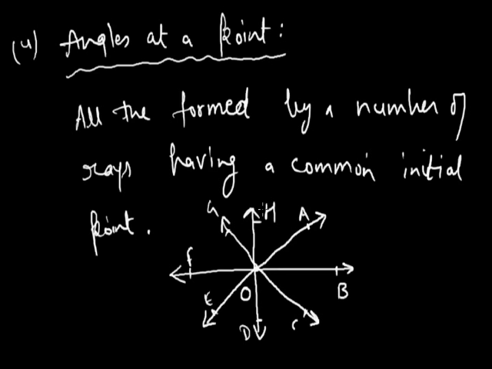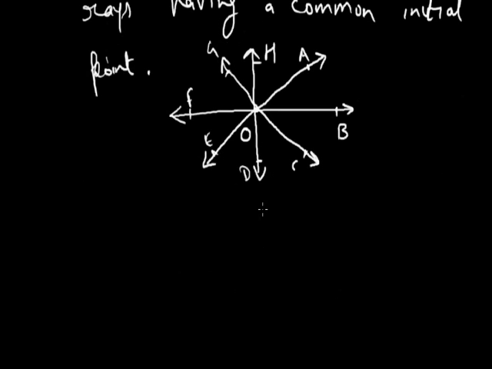So there are a total of 8 rays having a common terminating point, which is O. Then the angles formed between these rays are called the angles at a point.